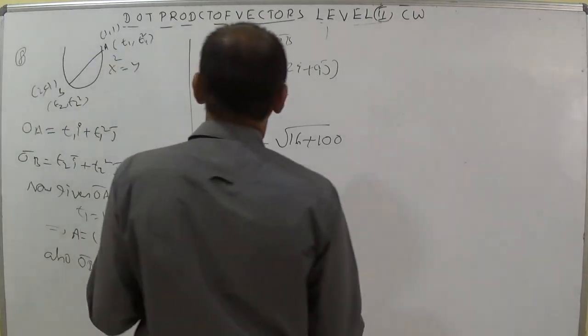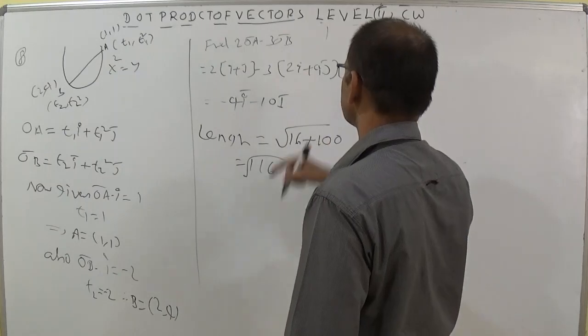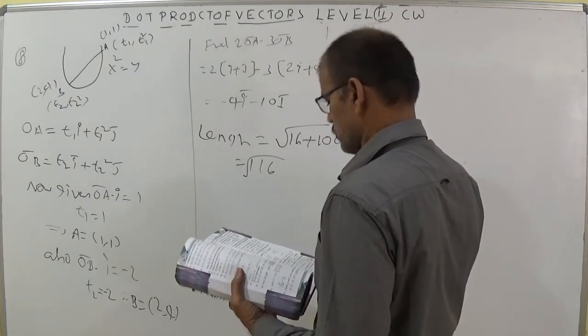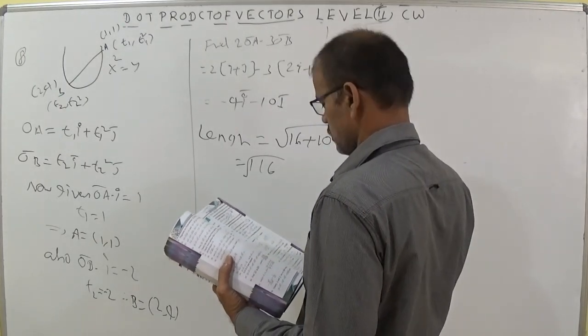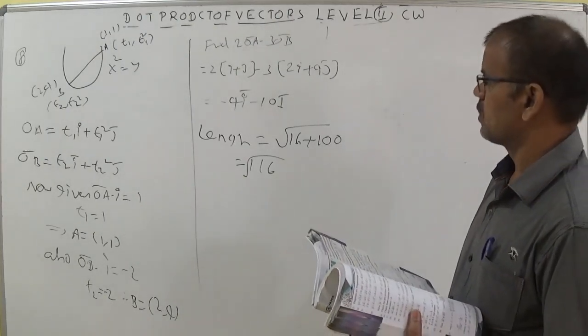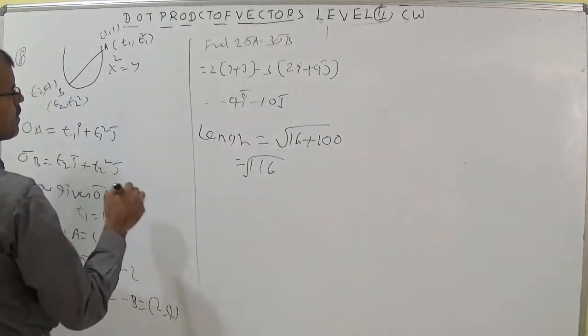This is 2i minus 6i minus j, 2j minus 12j minus 10j. Component 16 plus 100, 116. So according to 116, the given option is minus 2 comma 4. Taking t2 equal to minus 2, there is a mistake.